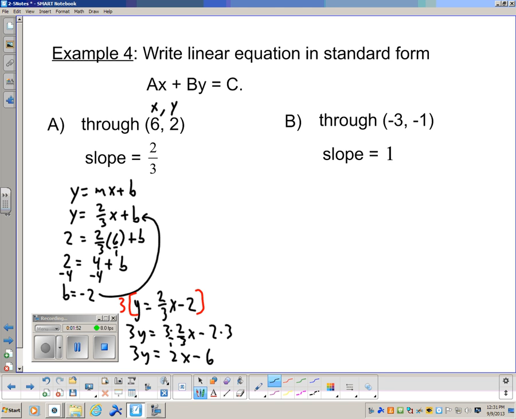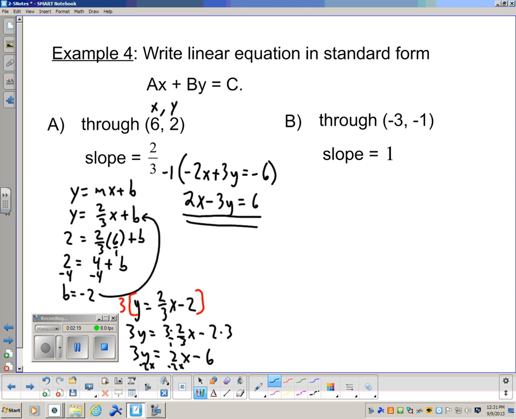Putting everything in standard form still, I'm going to subtract 2x on both sides. I get -2x plus 3y equals -6. And then again, multiply everything through by -1 because that leading term cannot be negative. So I get 2x minus 3y equals 6. So there's our final answer.